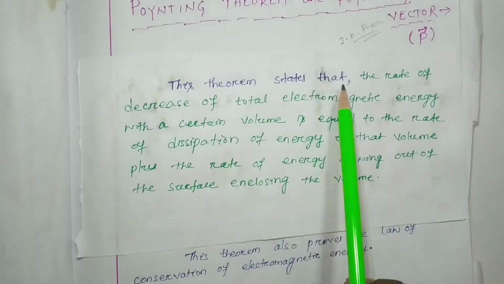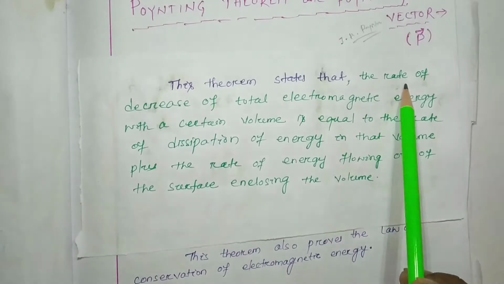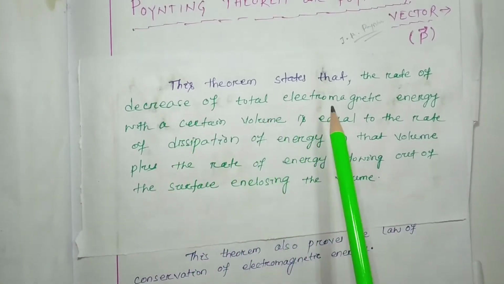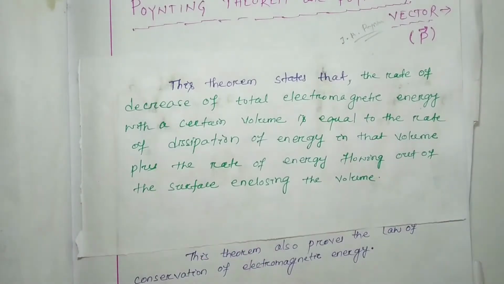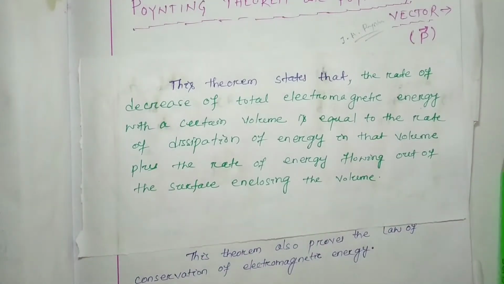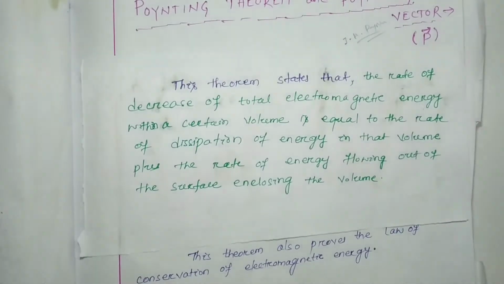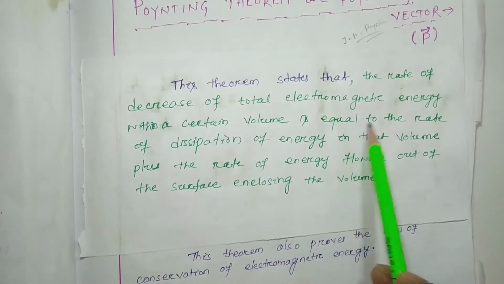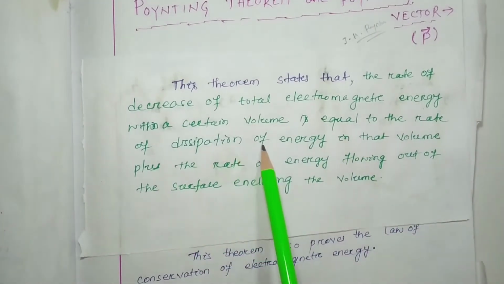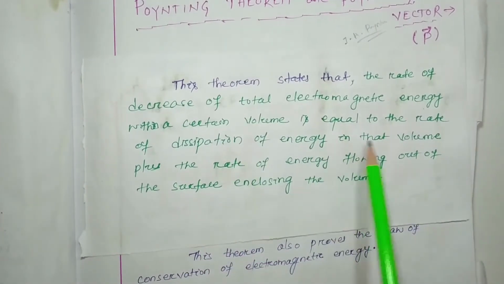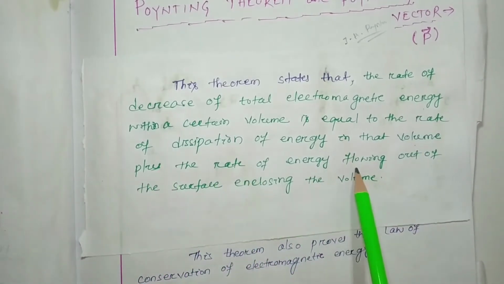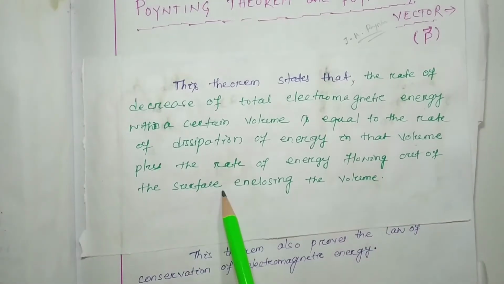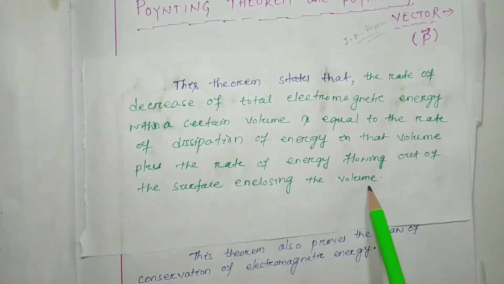This theorem states that the rate of decrease of total electromagnetic energy within a certain volume is equal to the rate of dissipation of energy in that volume plus the rate of energy flowing out of the surface enclosing the volume.